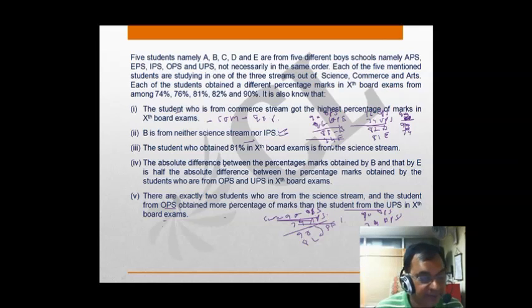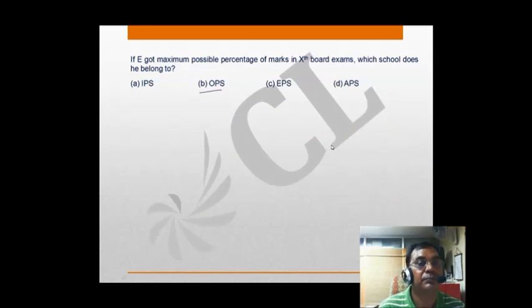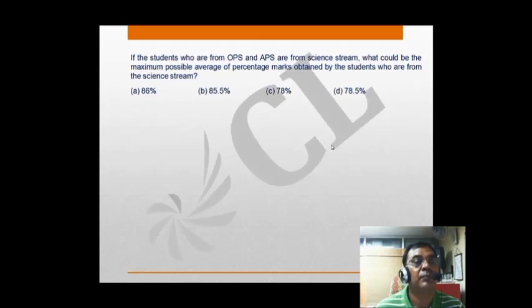After that, from the science stream, then what could be the maximum marks for the students who are from the science stream? OPS and APS are from the science stream.